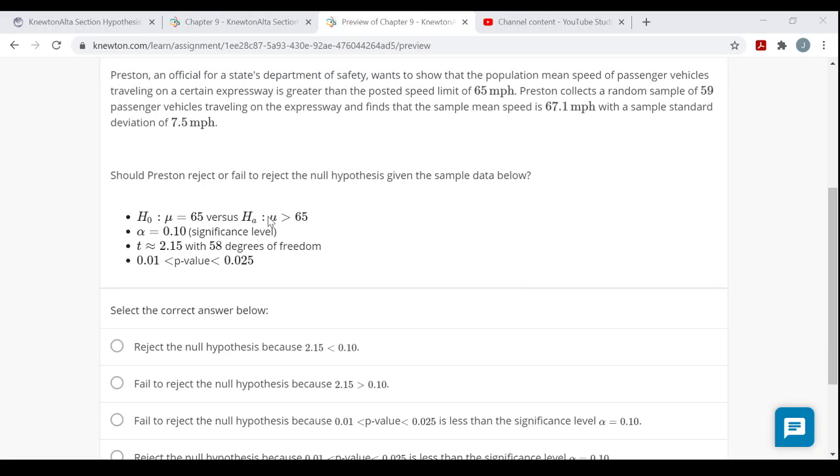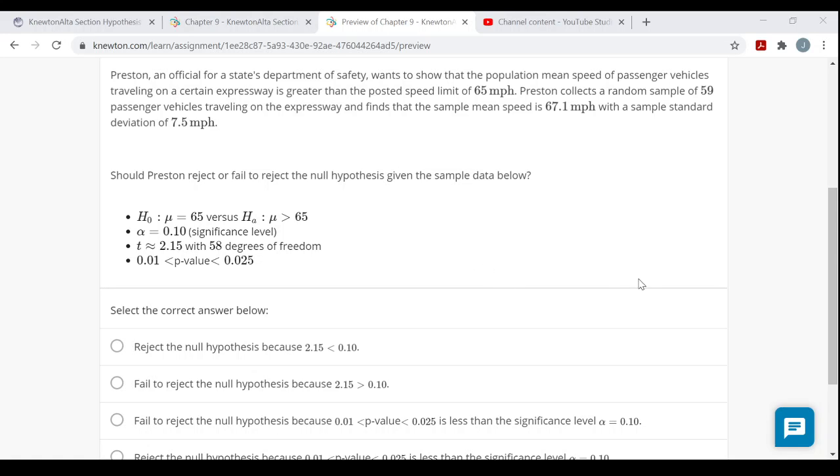So we have our hypotheses set up. Again, the claim is that the average speed is greater than 65 miles per hour. The null hypothesis is that the average speed is 65 miles per hour, and you're going to assume this. They gave us a significance level of 10%, and they're telling us the t-score.